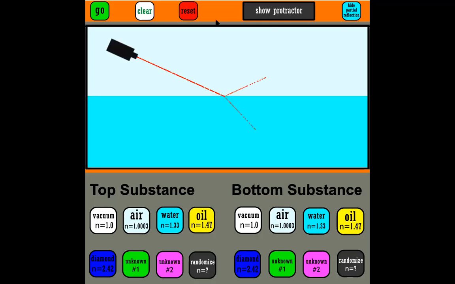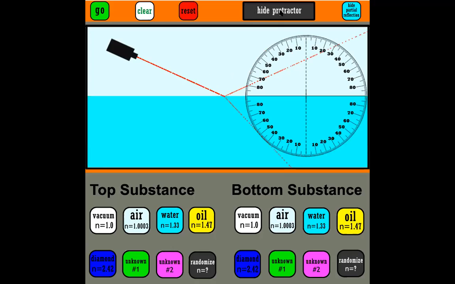Ah, there we go. All right, so when you see this, you're seeing the laser. The laser comes, it hits the water. Some of the light gets reflected, so the angle of incidence and angle of reflection are equal. And some of it passes into the water, and you can see that it bends. Show the protractor. There it is.